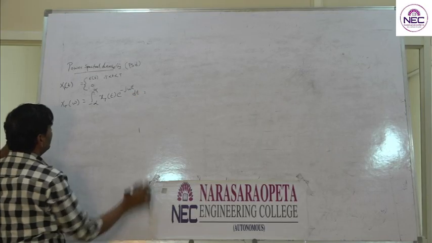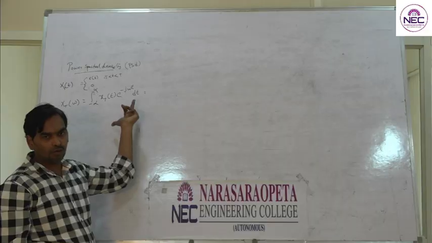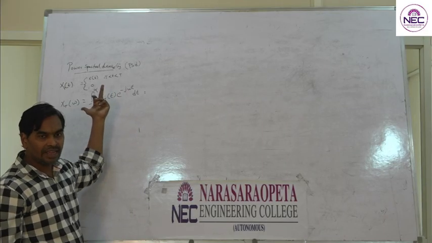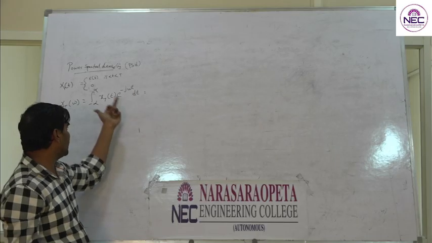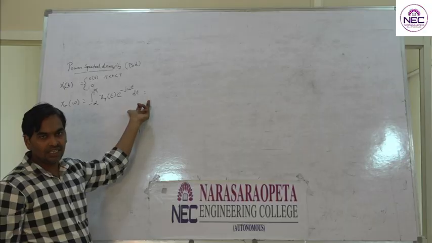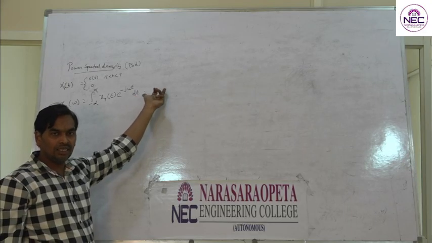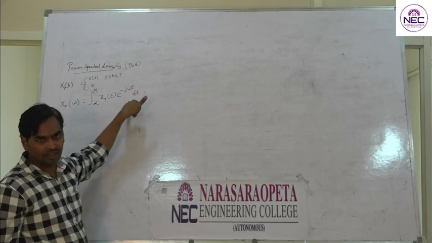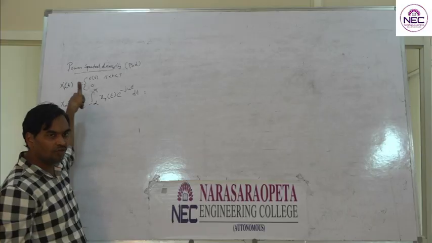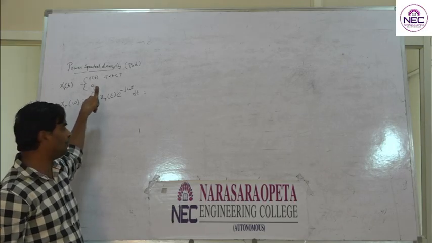This is the generalized Fourier transformation technique, with x_T of t instead of x of t, and the Fourier transform represented as X_T of omega.